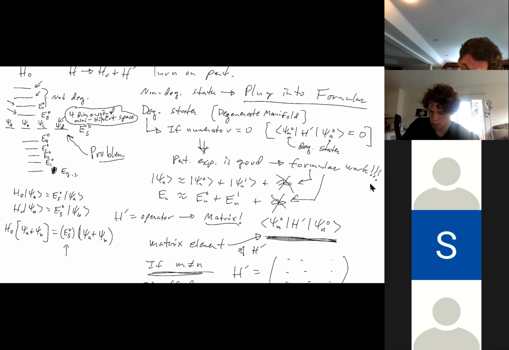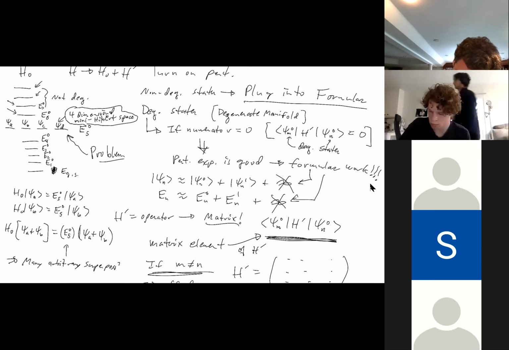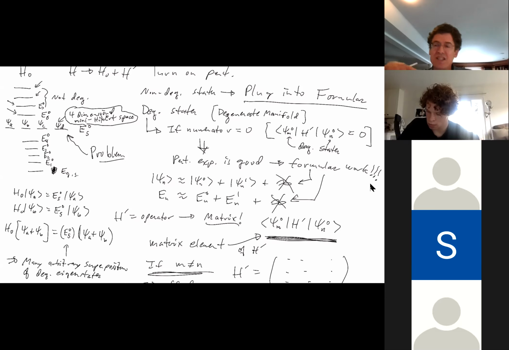The point is that there are many arbitrary superpositions of degenerate eigenstates. The degenerate eigenstates are sort of ill-defined in a way. You can calculate them, but then you could create arbitrary superpositions, and those superpositions would also be degenerate eigenstates.